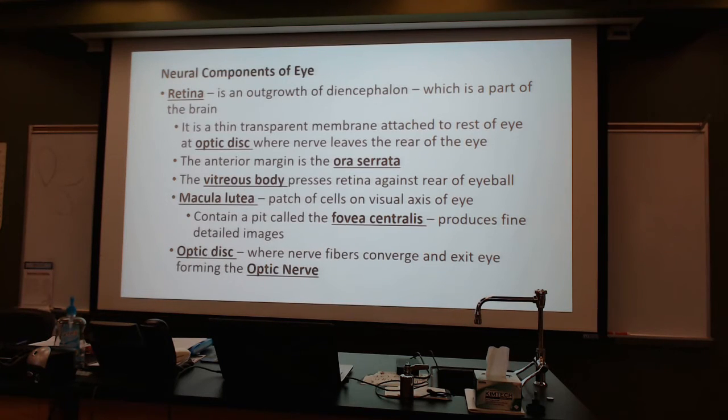I'm sure they would vary from person to person. The rest of it is going to be stuff that's not going to be detailed. So that one little area is for detailed images. It's going to have a huge amount of those cells important for vision.